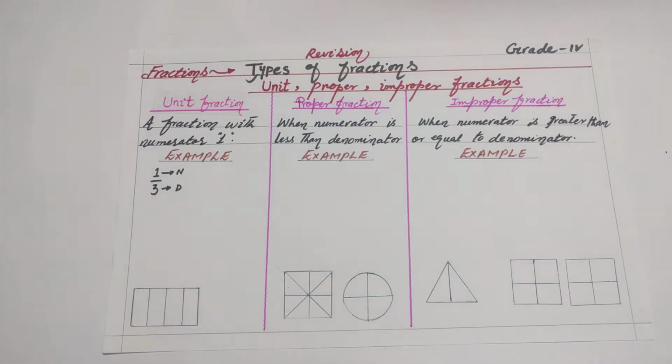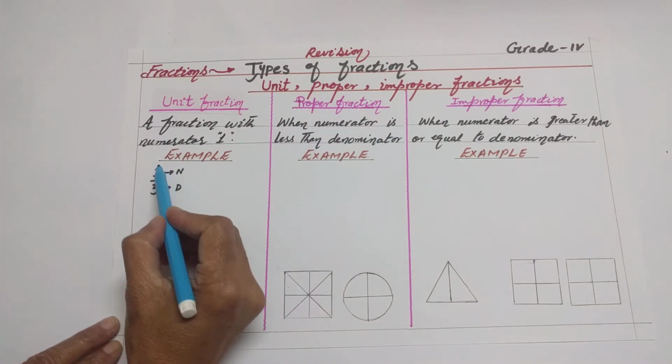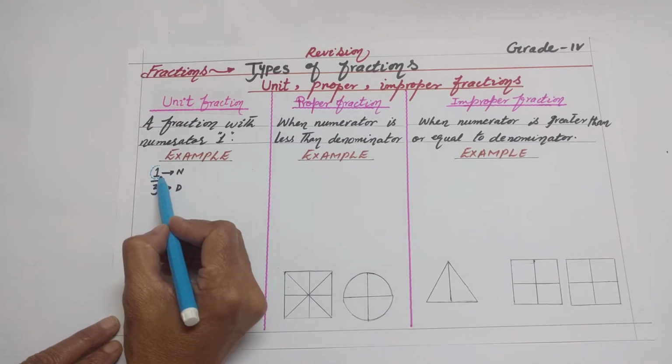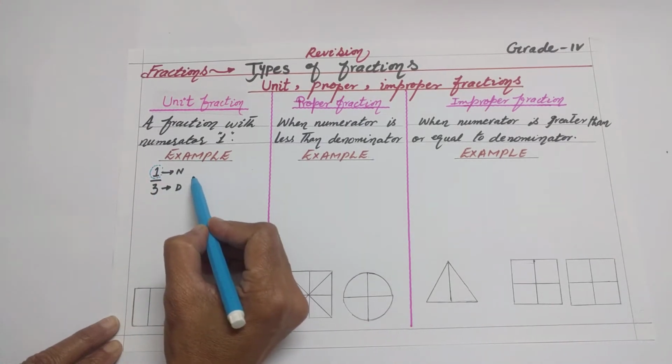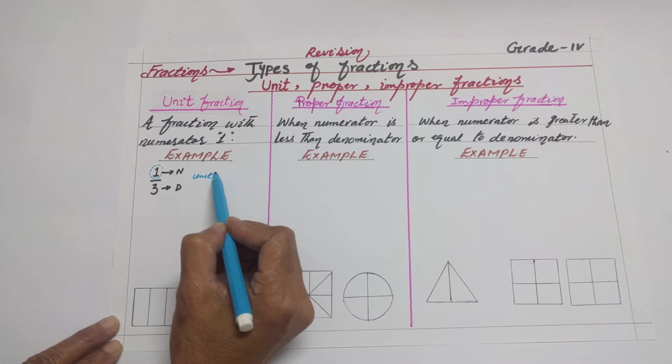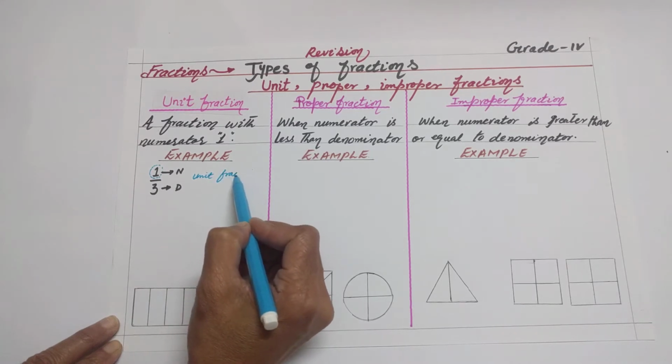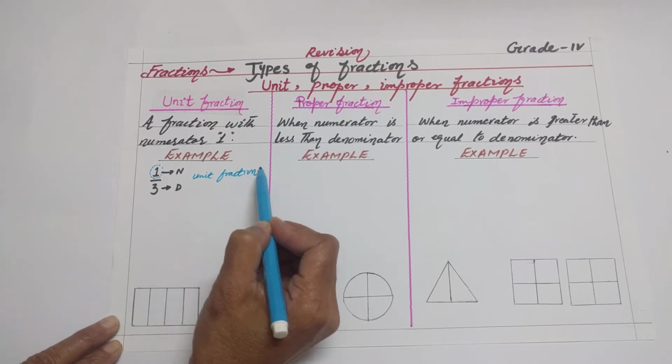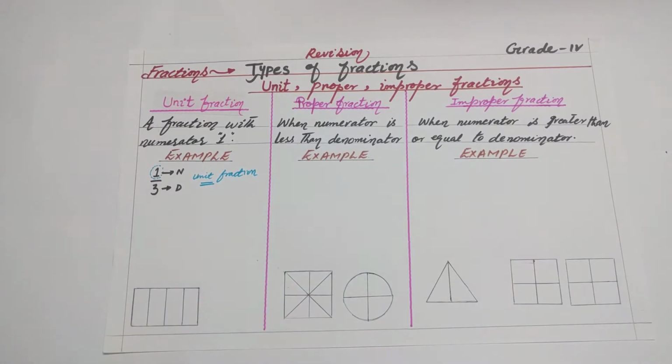So what's a unit fraction? When the numerator of the fraction is 1, then that fraction is called unit fraction. Now here the numerator is 1, that's why this is called unit fraction. Clear?